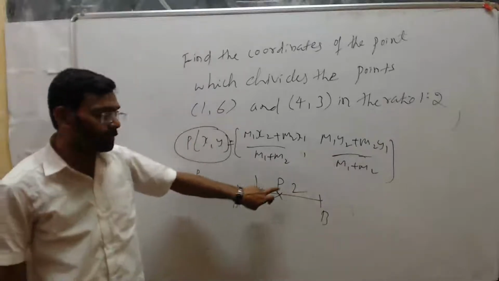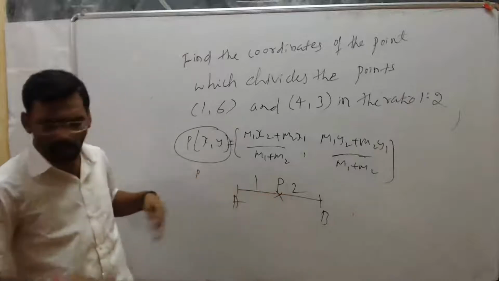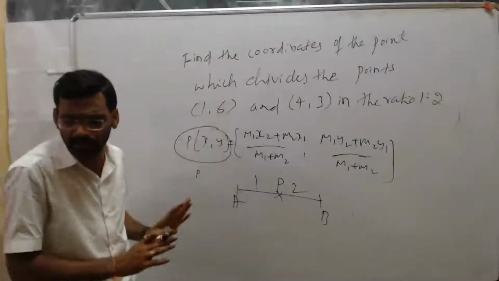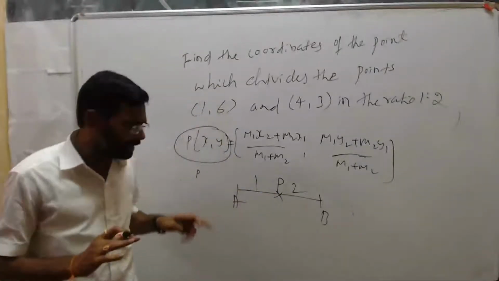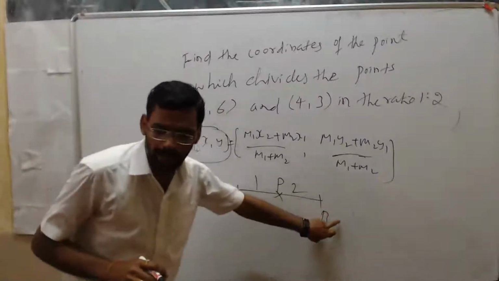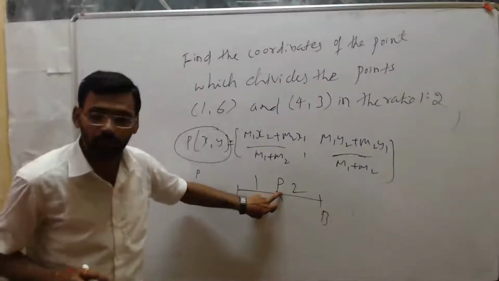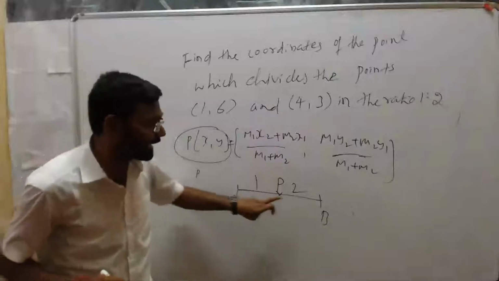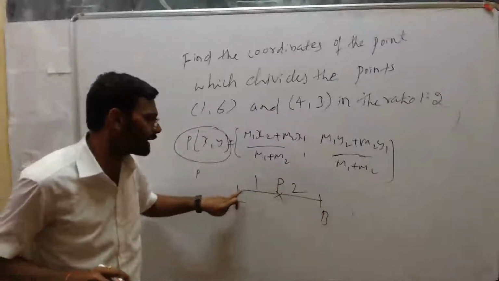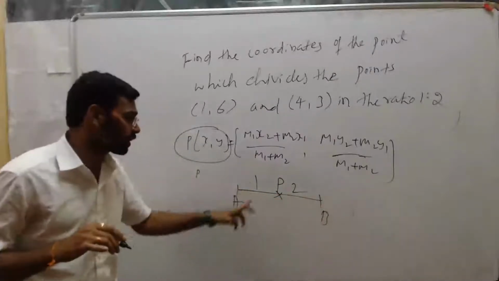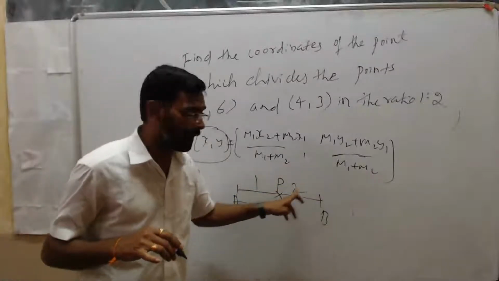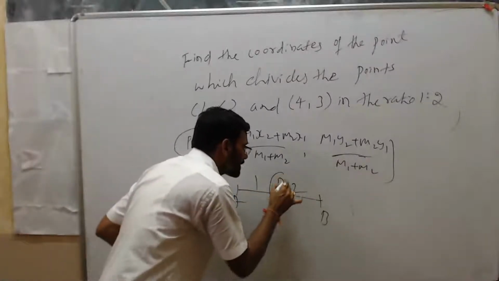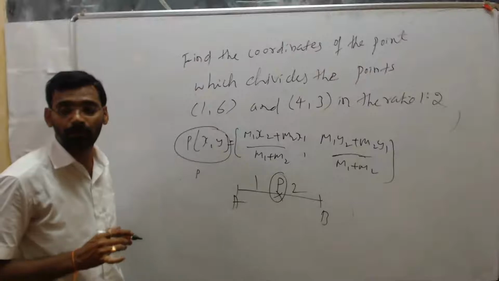I am going to assume the dividing point is P; you can take any other letter. A and B are the points, and P divides the two points A and B. It means P divides the line segment AB in the ratio 1 is to 2. Then find the coordinates of P.